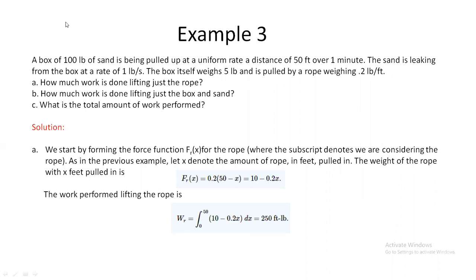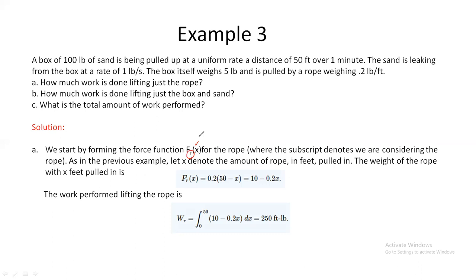So we start by forming the force function for the rope, and as such you can see here that it has a subscript of R. This is the force needed to lift your rope, and it is a function of X being the displaced length of the rope, since as you pulled up the rope, you're only exerting a force on the remaining part of the rope that was not yet pulled up.